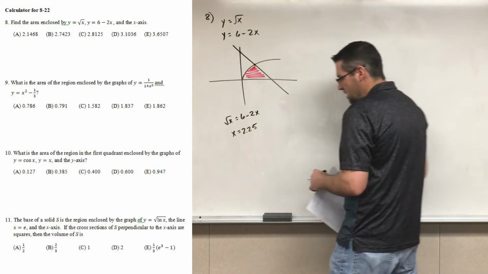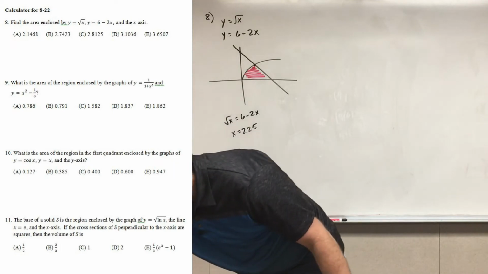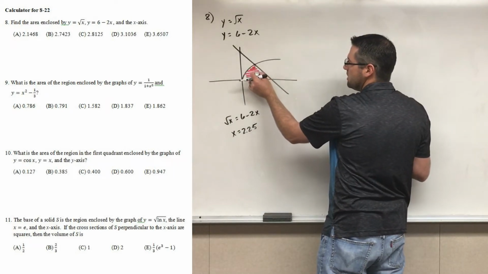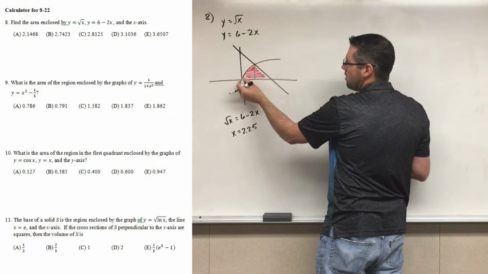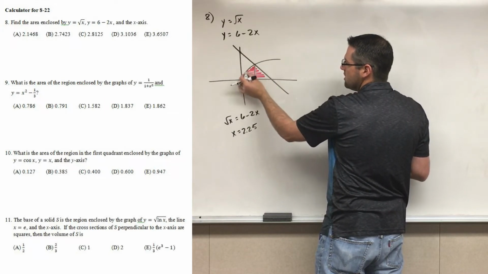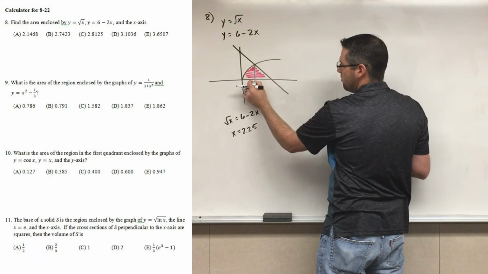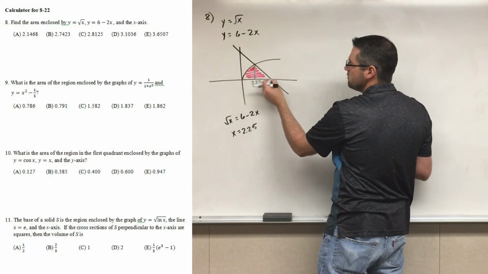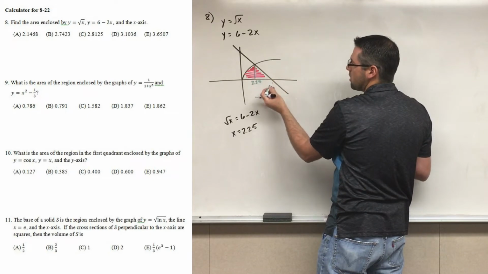Now we notice that this region needs to be cut into two parts. So one region is this part from 0 to 2.25, and the other region is from 2.25 to this point, which is our x-intercept. Our x-intercept here would be 3.